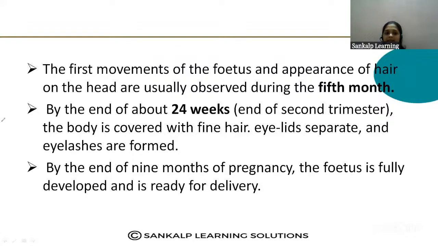So like this the development of the embryo takes place inside the uterus. Is that clear? I'm repeatedly saying, make a short note on this. Definitely this will be asked in your exam.